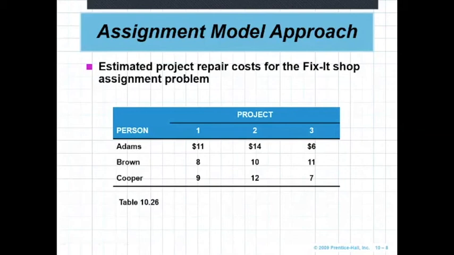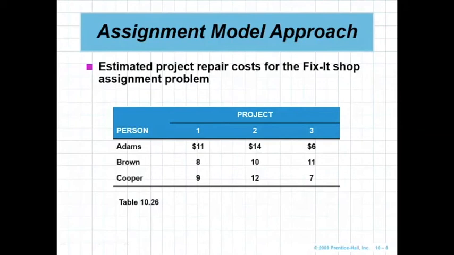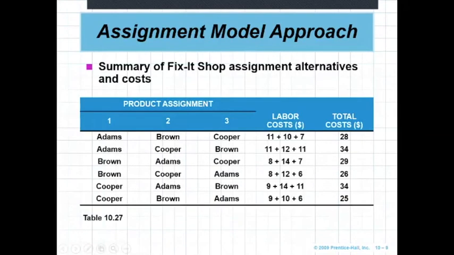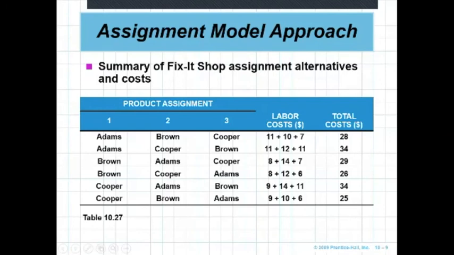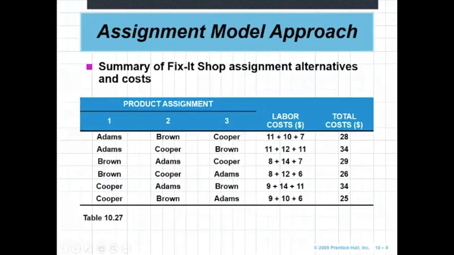So what we need to do is assign Adam and Cooper to different projects that result in the lowest cost. One alternative that we can do manually is to combine those 3 persons in different projects.